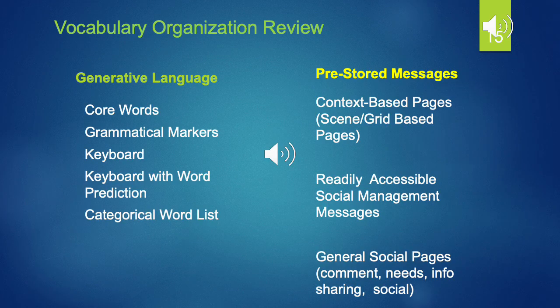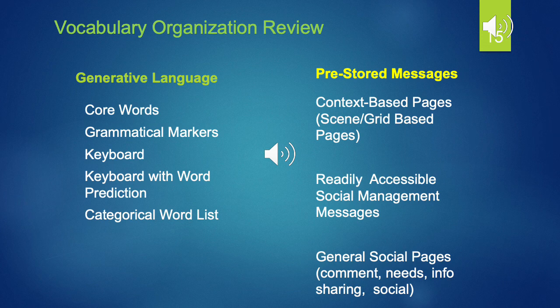So let's do a little review. Generative language includes keyboards with an alphabet, core vocabulary words, grammatical markers such as past tense ed and plural s. It includes word prediction, and it includes categorical word lists.